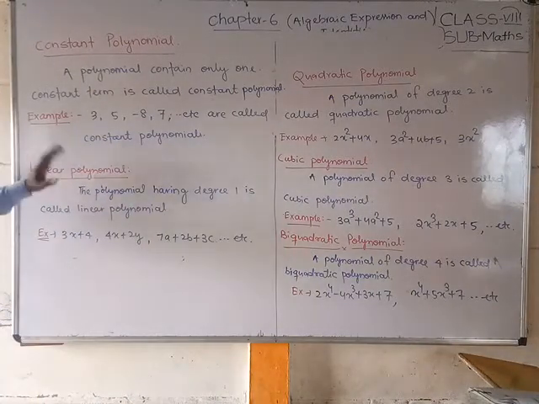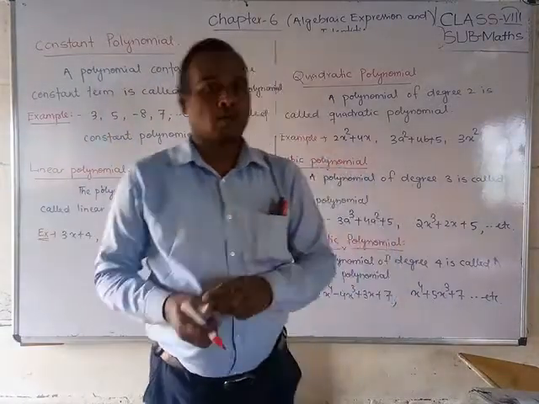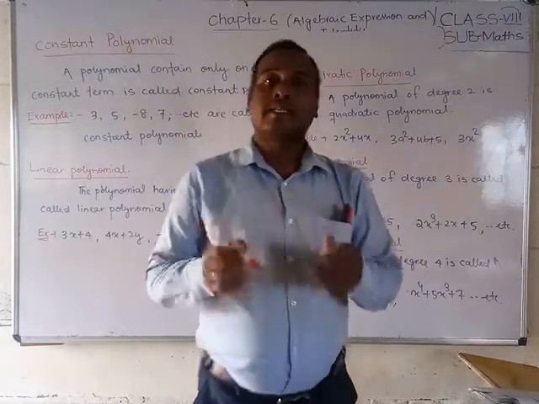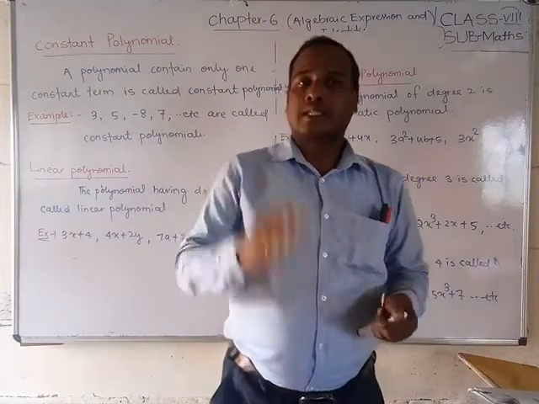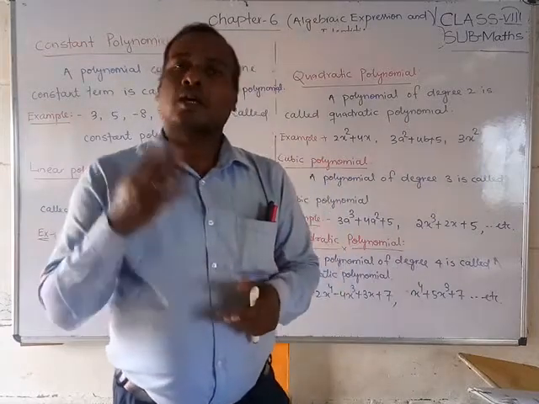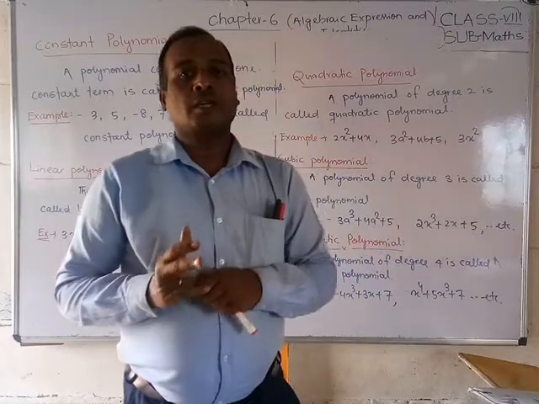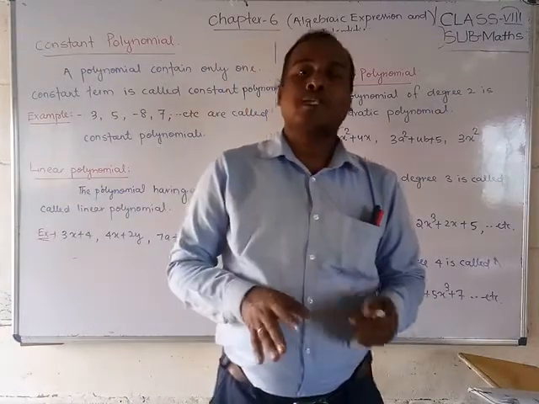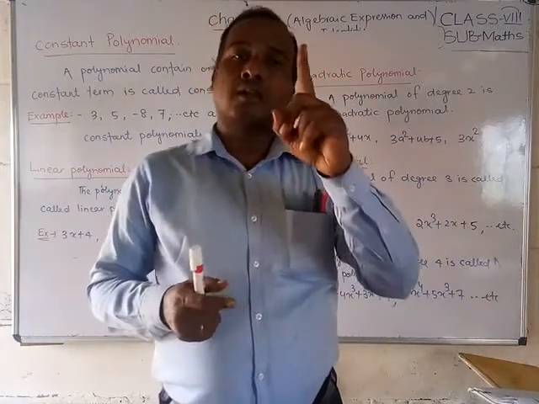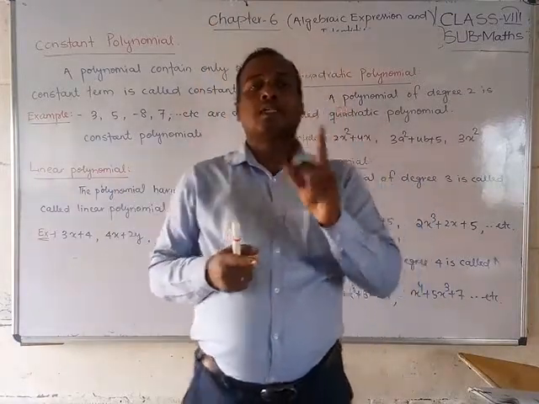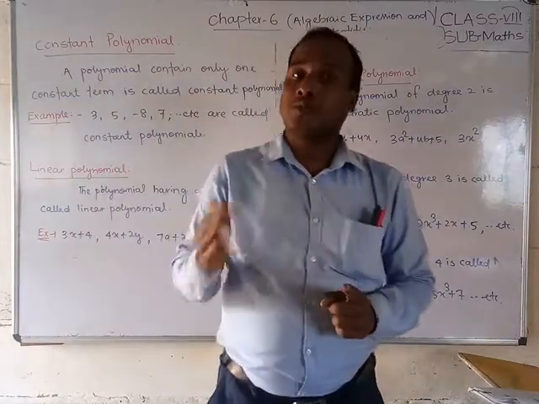First of all, we will discuss the linear polynomial. According to the degree of the polynomial, polynomials are of 4 types. First is the linear polynomial, then quadratic polynomial, cubic polynomial and biquadratic polynomial. If a polynomial has degree 1, that means the highest power is 1 only, then it is called a linear polynomial.